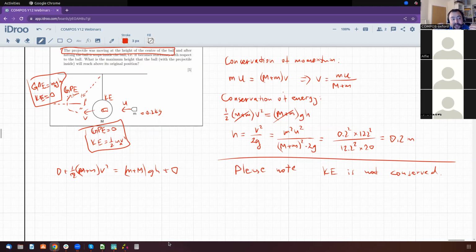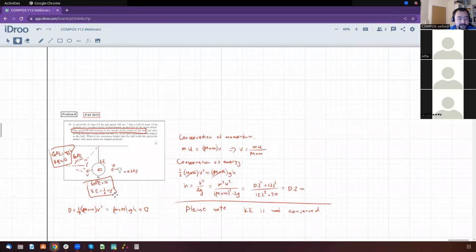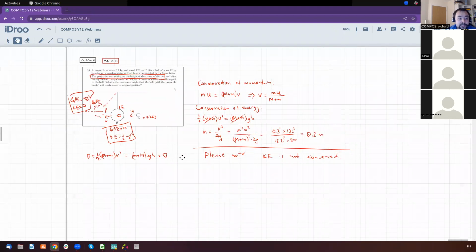So energy is transferred to thermal energy as the object is deformed, and the bullet is deformed, of course. Therefore, there's heat being released. But we are not relying on the conservation of kinetic energy during the collision.